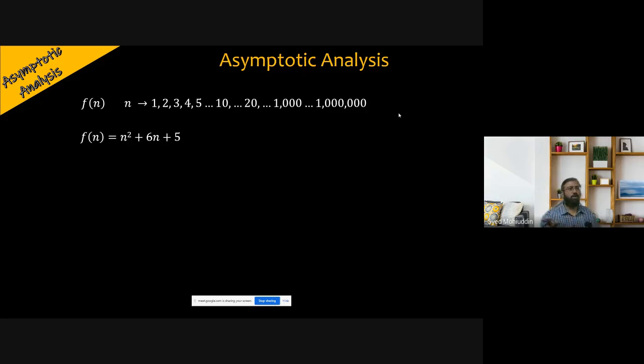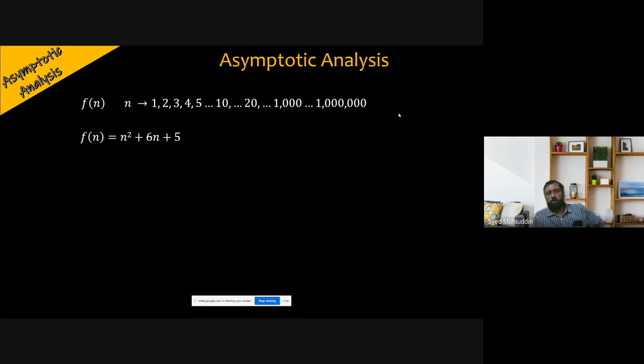We are not bothered about 1, 2 or 10 or 20. Look at a real-time example. Suppose we have developed a search algorithm to search for a user on Facebook. Is your n going to be 10 or 20? Are there only 10 or 20 Facebook users among whom you are going to search? There are millions of Facebook users.